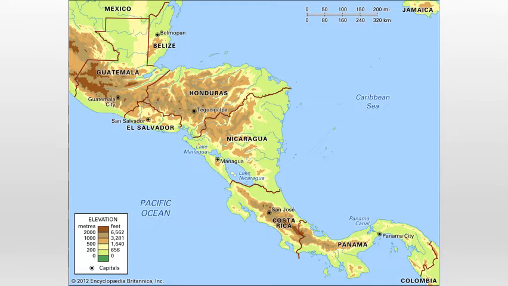It connects to larger bodies of land. There are 230 square miles of land in Central America. It seems quite small. It is quite small.